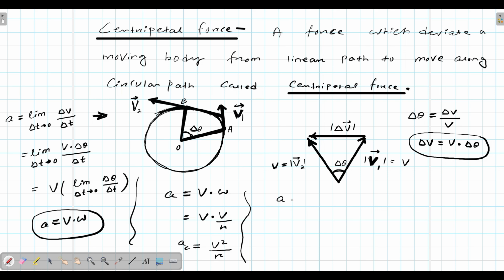Centripetal acceleration equals V into omega. So this is omega R into omega, omega square into R. Centripetal acceleration equals omega square into R.